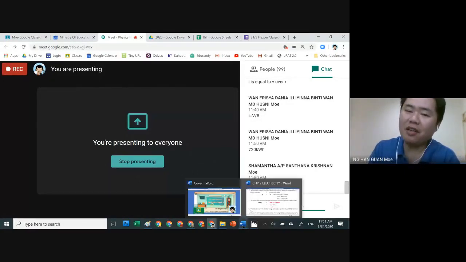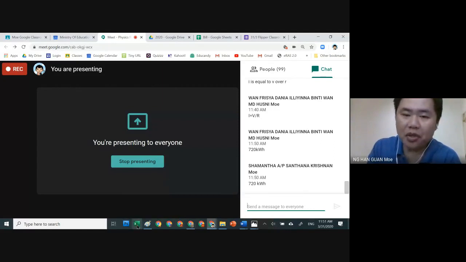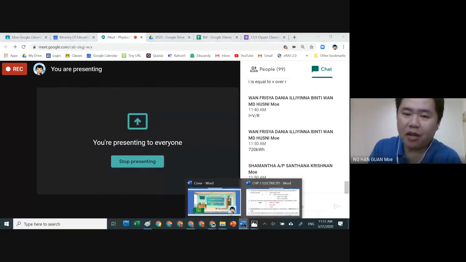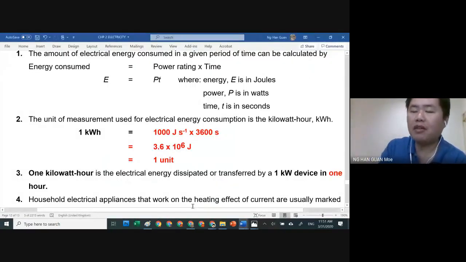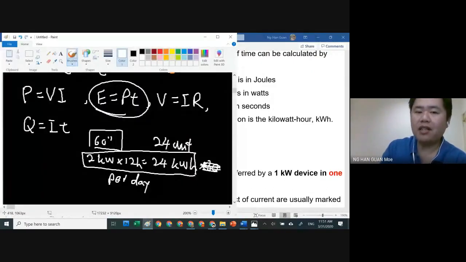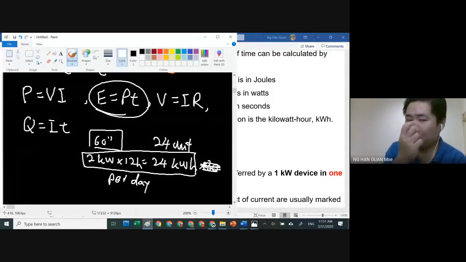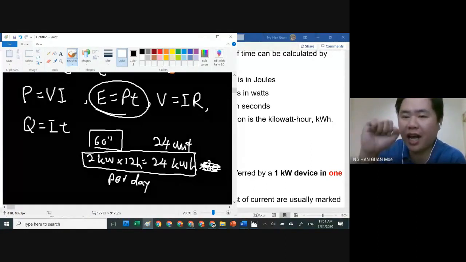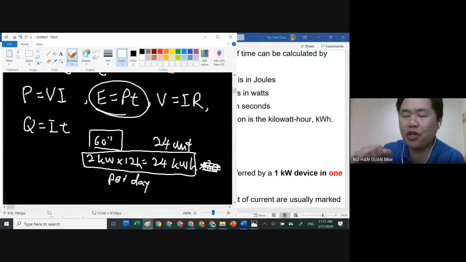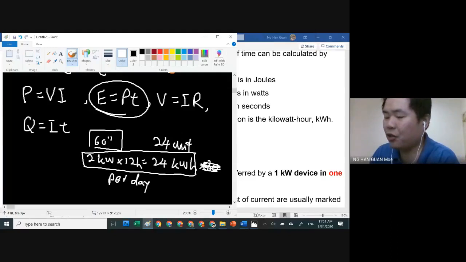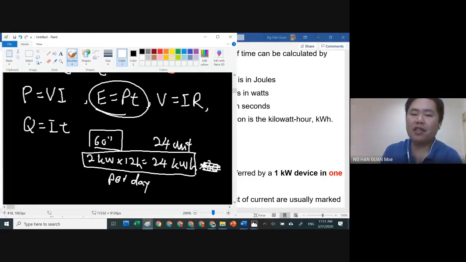So you see, actually this 2 kilowatt, if I'm not wrong, for a normal house, the electrical iron is 2 kilowatt. So that's why you cannot keep the iron on 12 hours per day for 30 days. If like that, only the iron itself, you have to pay 720 units on the electrical bill.